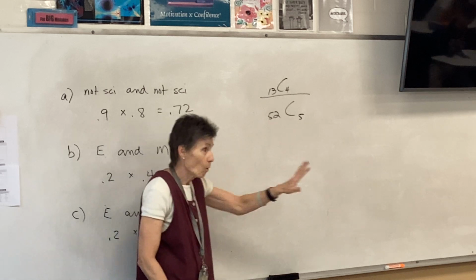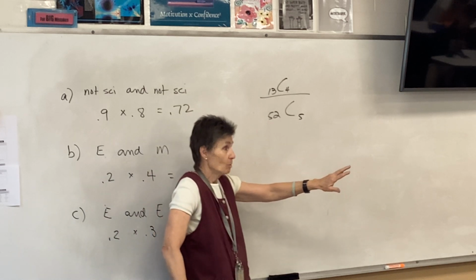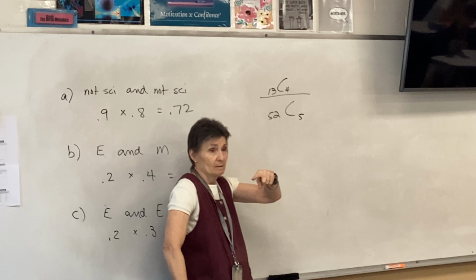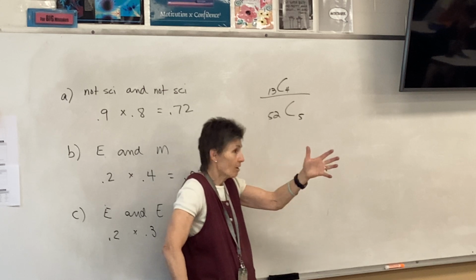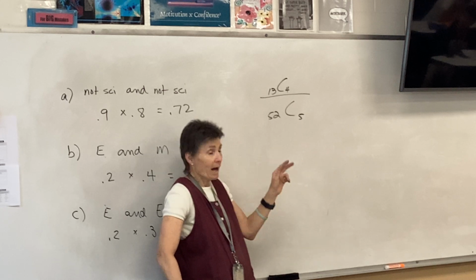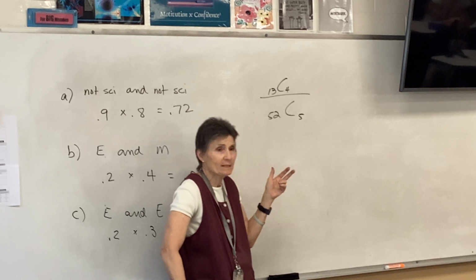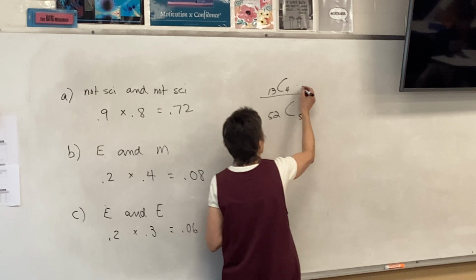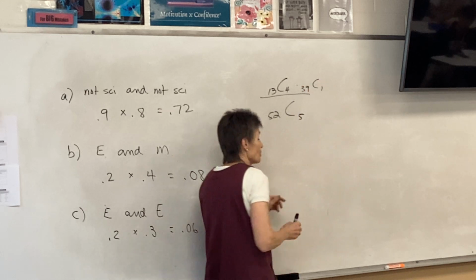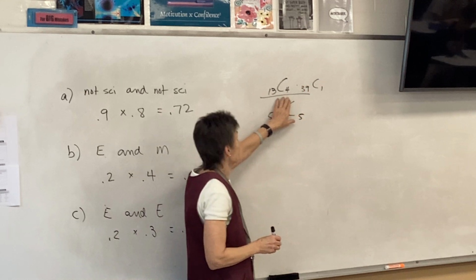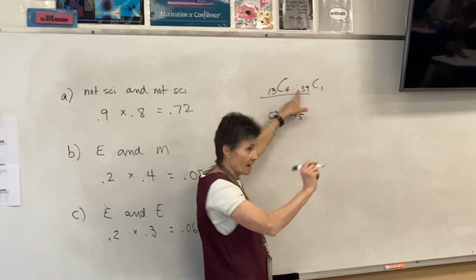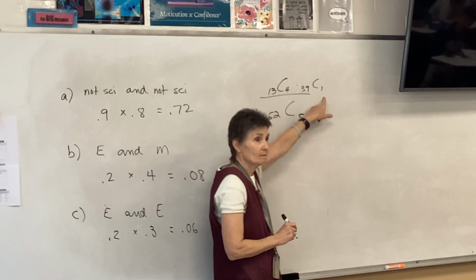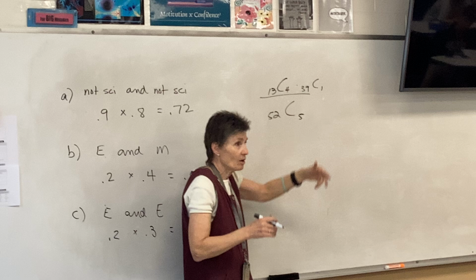So 4 of them are hearts. What is the other one? Not a heart, right? How many not-a-heart cards are in the deck? 39, and I want 1 of them. So I want 4 hearts times 1 other card that isn't a heart.